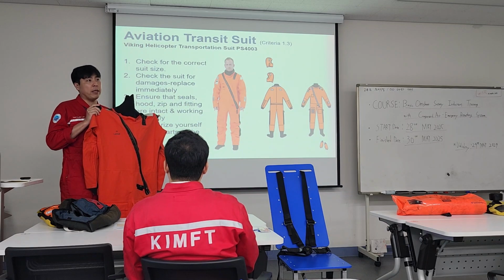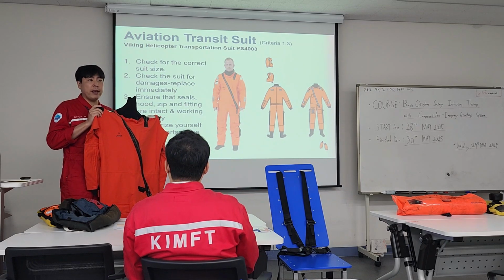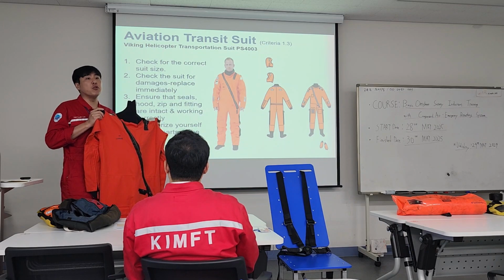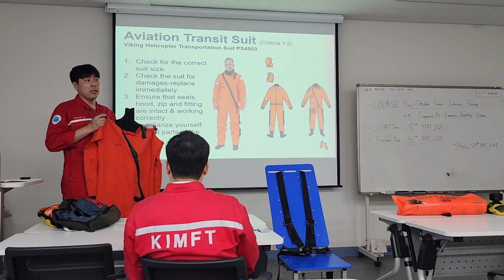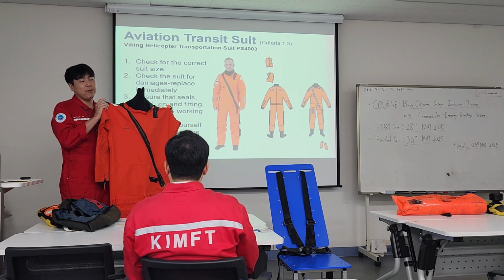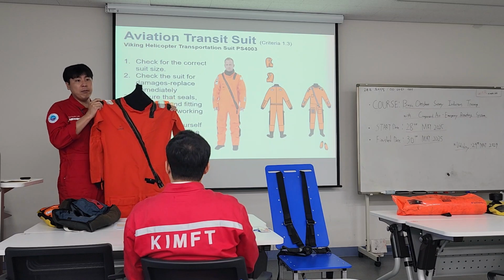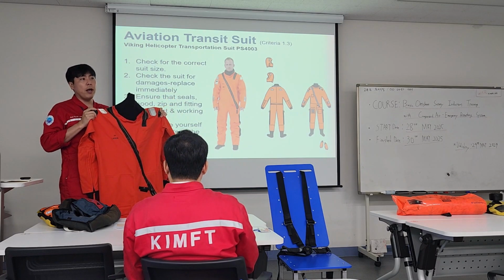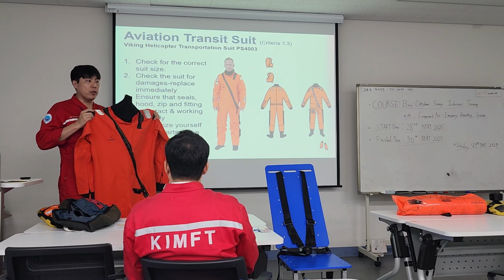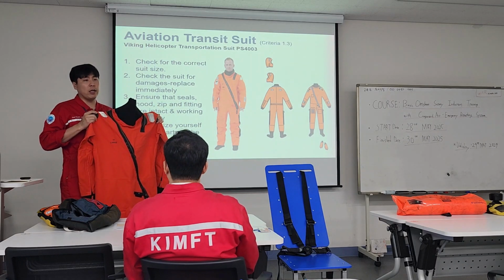The reason they put in the air valve is to take out the gas inside, because it helps to move in the water. Today we're going to use the same suit, and I'm going to show you how to wear the suit in the swimming pool area.